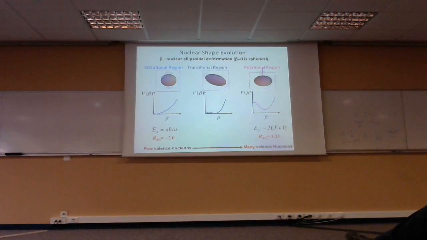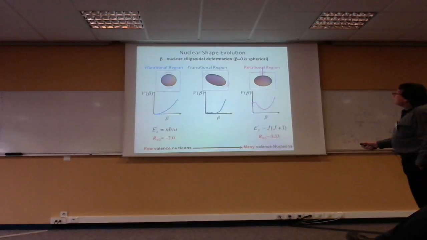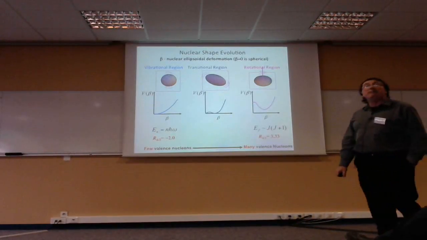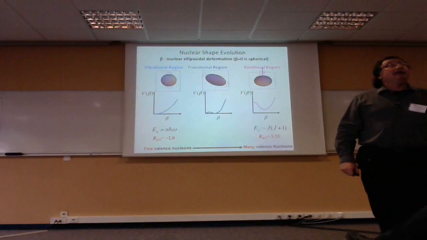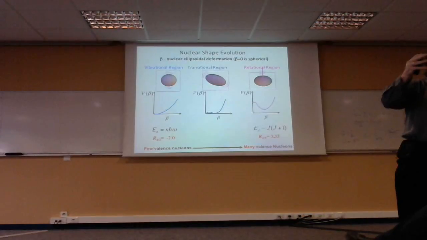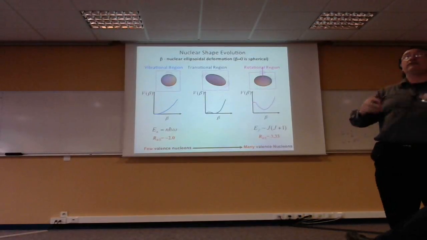So this cartoon you probably saw, I borrowed it from Rick to show you in a pictorial way that in a vibrational region, you imagine the nucleus is like a sphere. You're dominated by pairing, and then the excursions from equilibrium are in the form of a vibrational nucleus.